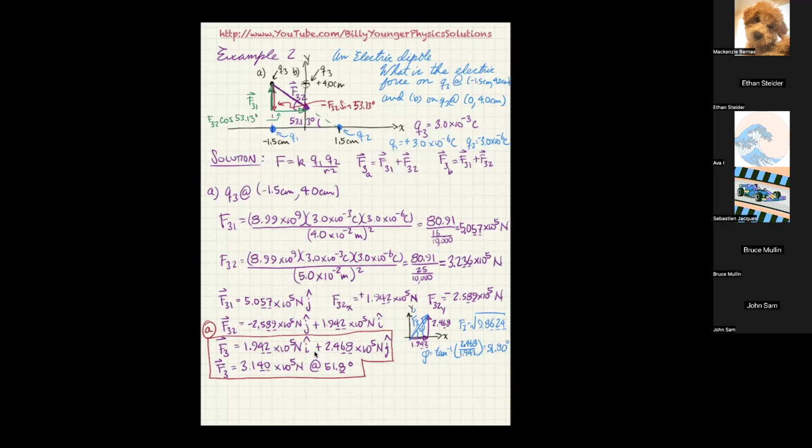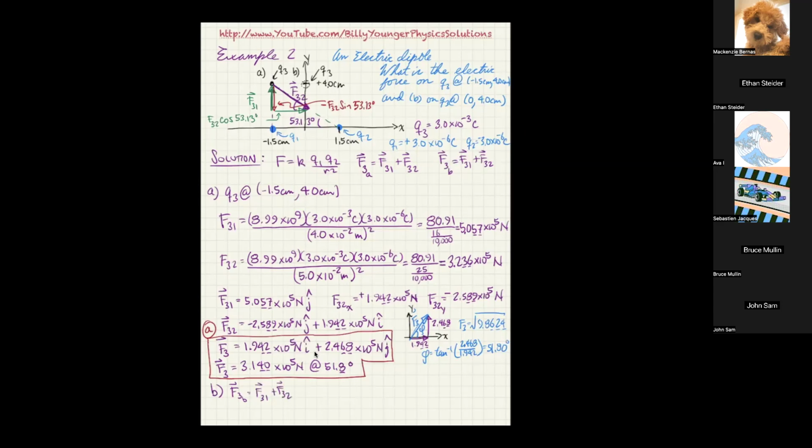All right, now for part B. What we want to notice again is that F3 for part B is F31 plus F32.